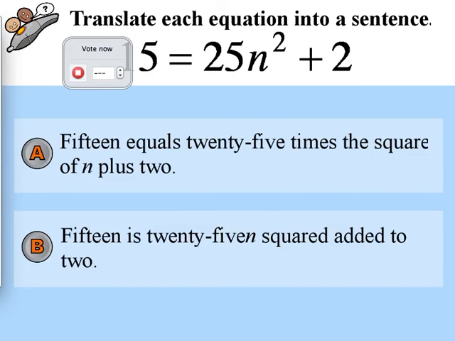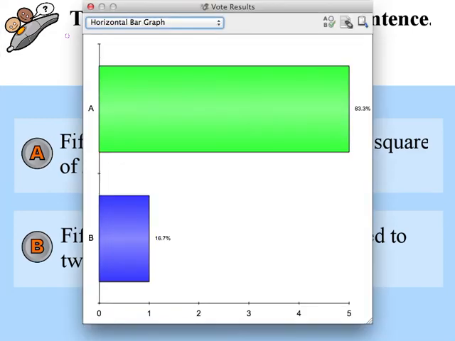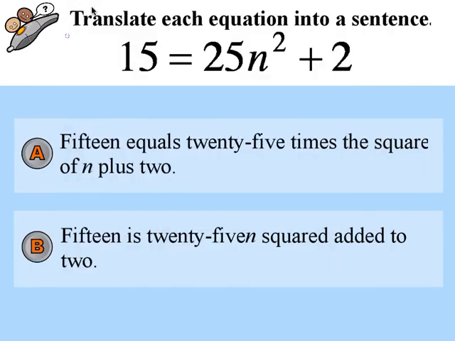And then last but not least, we have one more to go. Let's see how you do on this one. Answer is A. Main reason for that, this one says 25 times the square of n.